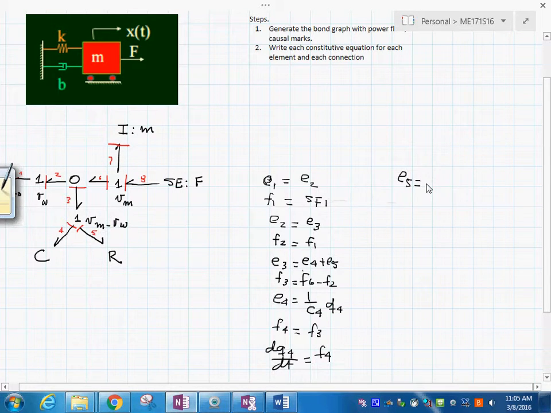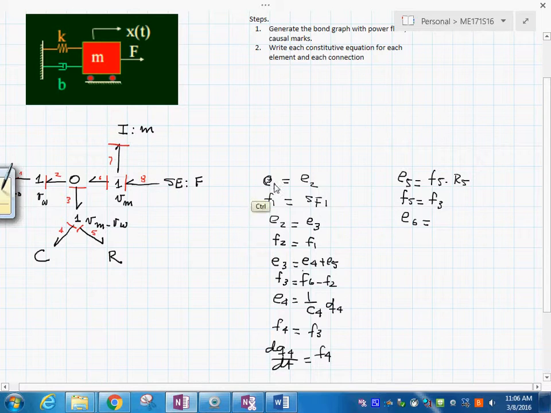And what is E sub 6? E sub 6 is E8 minus E7. And what is F sub 6? F sub 6 is F7. Yeah.